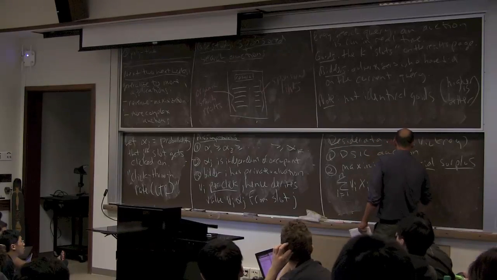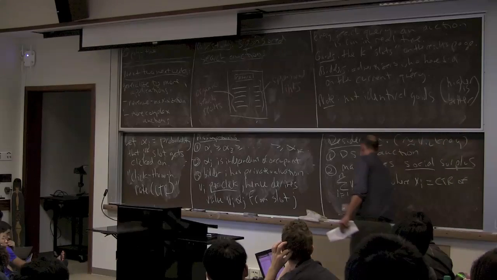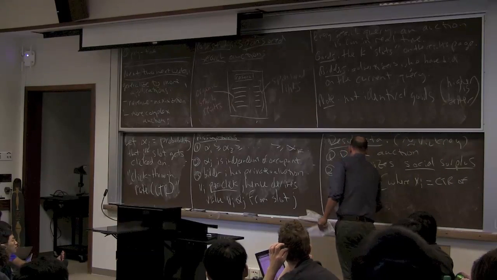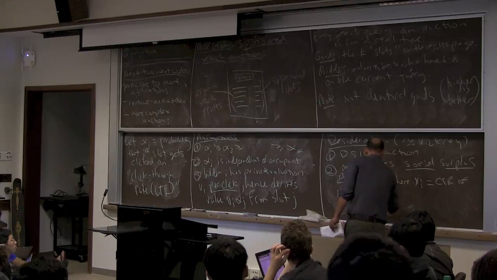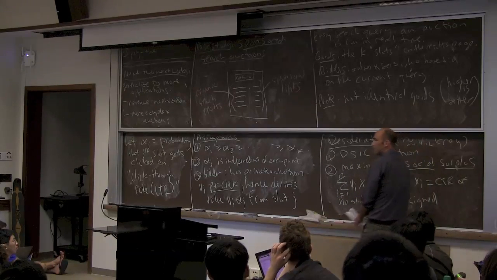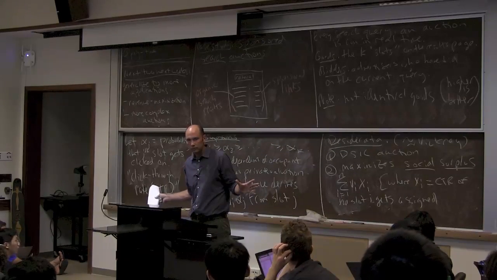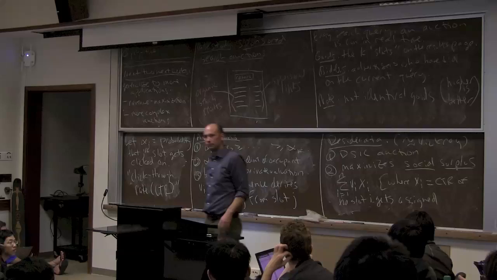So x_i is the CTR of the slot that i gets assigned. Now, of course, in this example with 100 bidders and 8 slots, 92 people get no slot at all, and their x_i, of course, is 0.